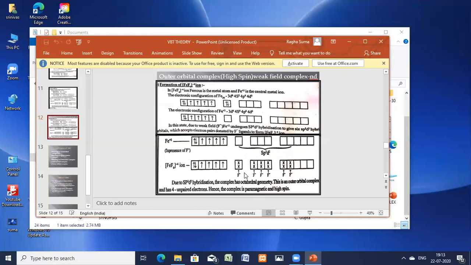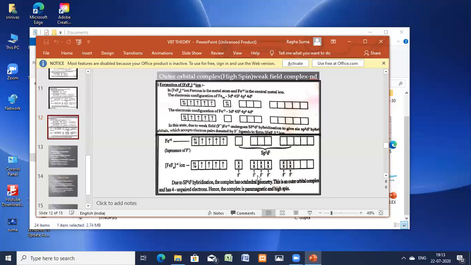The ligand is fluorine, a weak field ligand. It gives 2 electrons and forms a coordinate covalent bond. 6 fluorines give 6 coordinate covalent bonds. So it is donating a pair of electrons, and thereby a dative bond is formed. 6 dative bonds are formed.